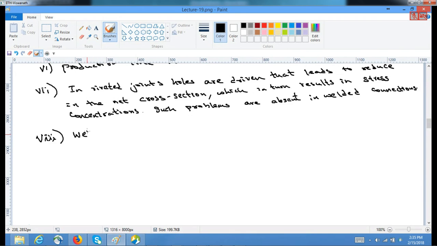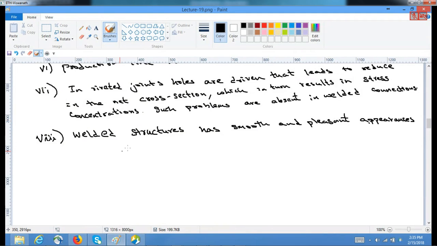The welded structures have smooth and pleasant appearances compared to riveted joints.